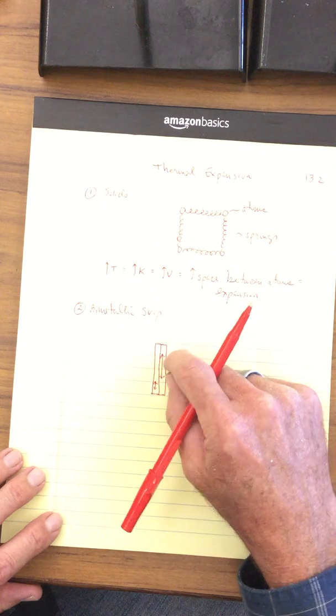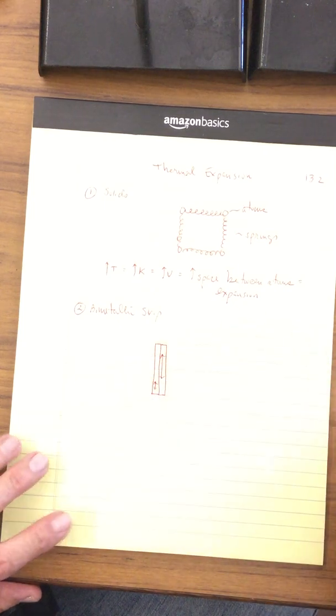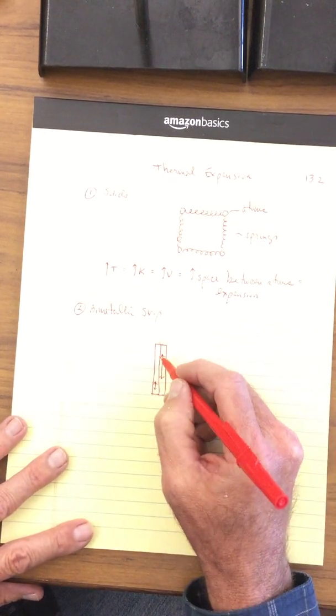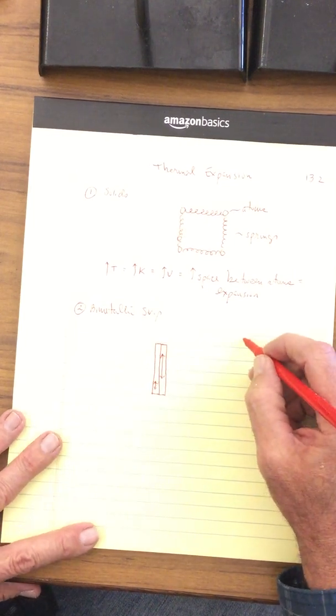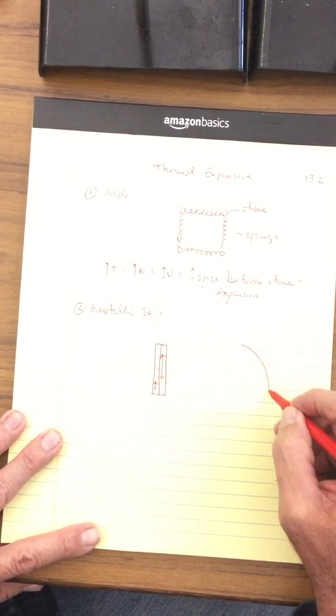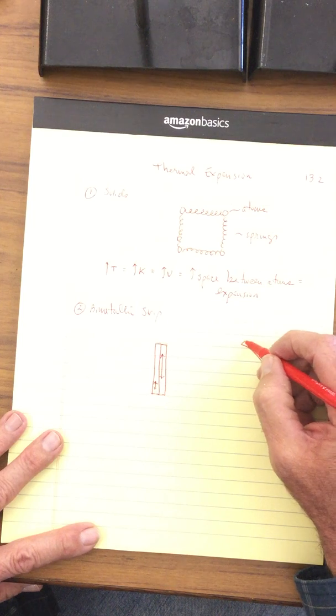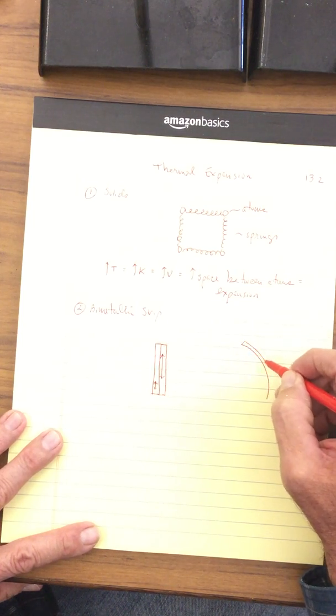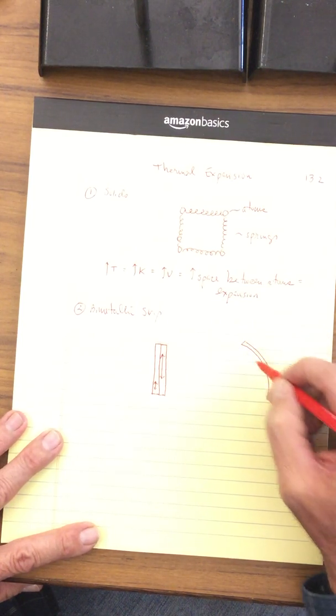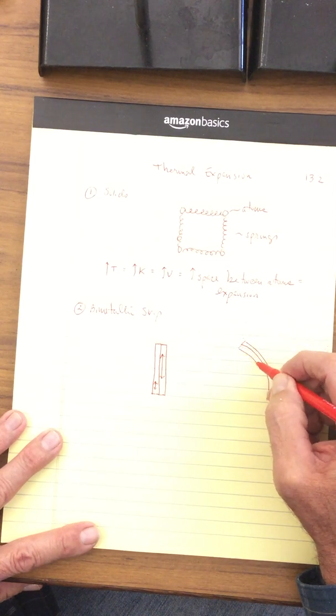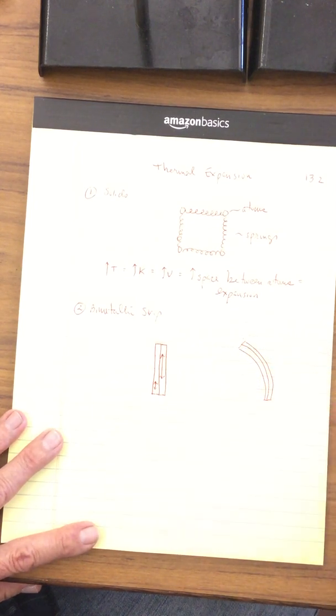The end result is, since these are attached to each other, we're going to see this curvature. The end result of it looks something like this. So we draw this curve and then draw those two metals.